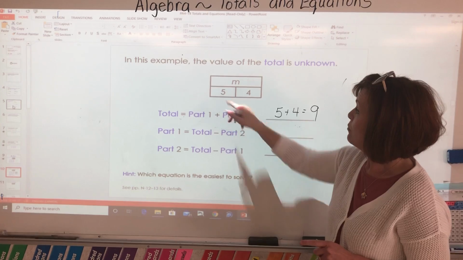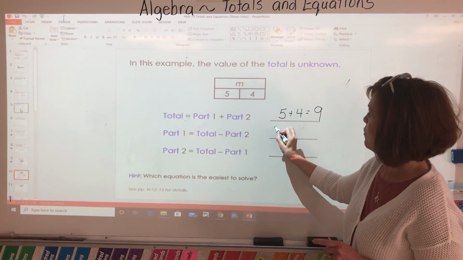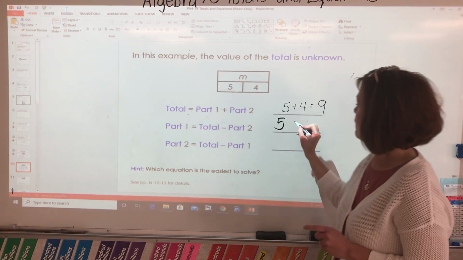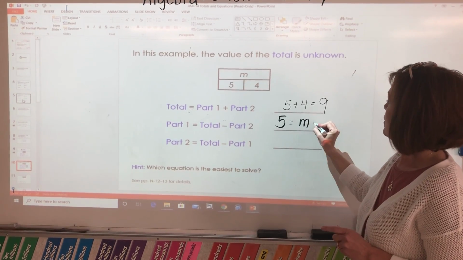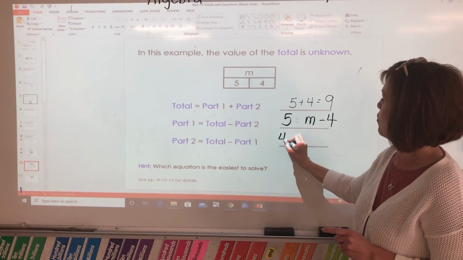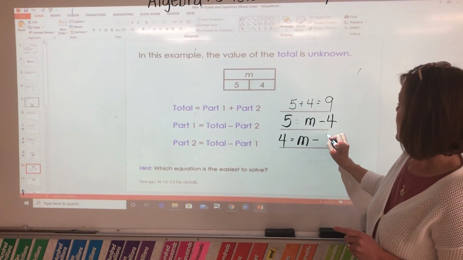But if part 1 was missing and we knew the total, what we could write is part 1, 5, equals the total minus 4, or we could write part 2, 4, equals the total minus 5.